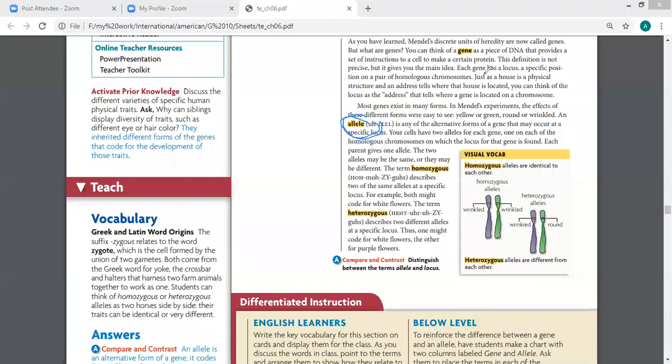They are different alternative possible versions of a gene. Each gene has at least two alleles. These two alleles may be similar, may be different. For example, we know that we have 23 pairs of chromosomes, one from father, another one from mother.